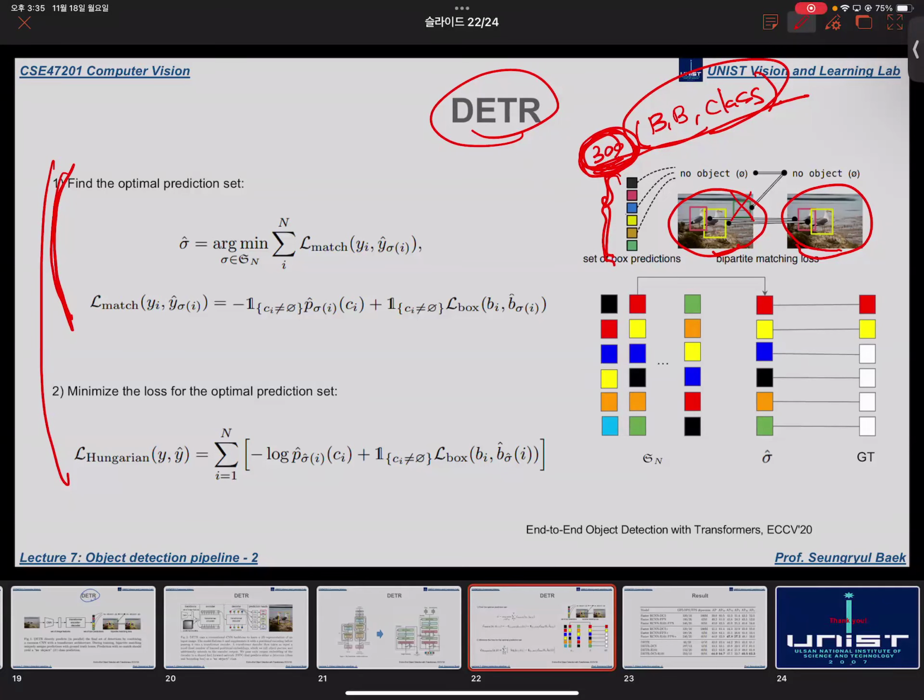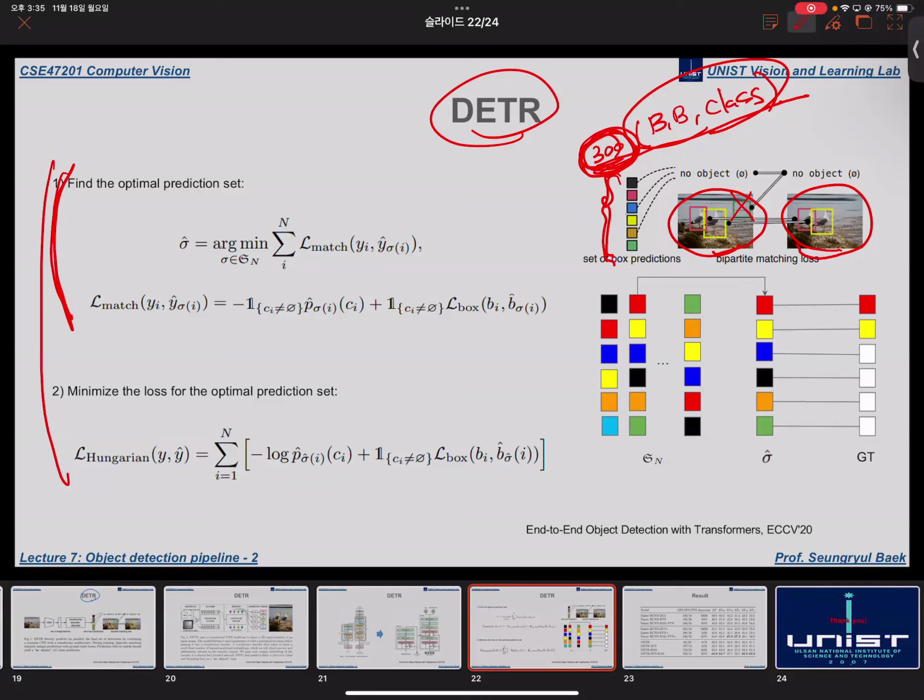Somehow you have to choose just two bounding boxes, which are the closest to your ground truth. And the first step is doing that: find the optimal prediction set. Among your predictions, you have to choose the best ones, which are closest to your ground truth.